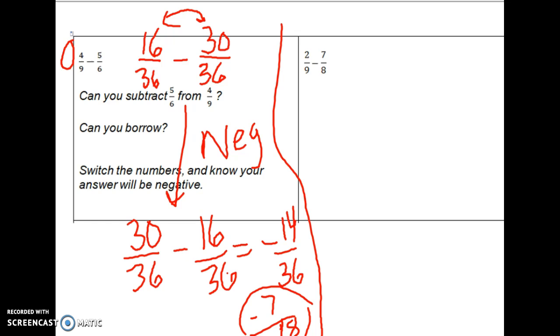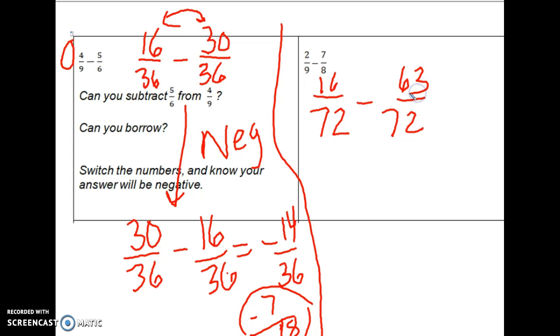We have 9 and 8, so our common denominator is 72. I did 9 times 8 to get 72, so 2 times 8 is 16. Do 8 times 9, so I also have to do 9 times 7, which is 63.